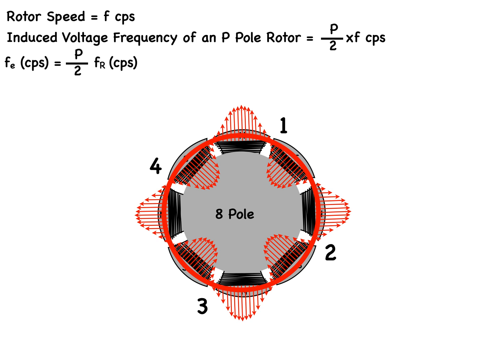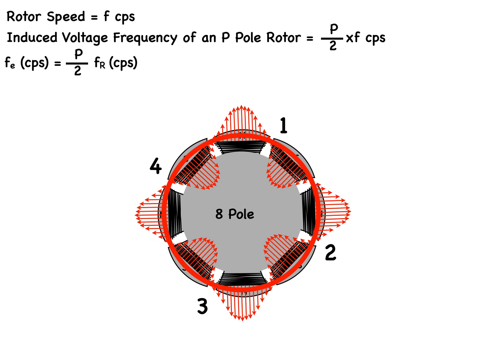In other words, the frequency of the induced voltage, or the output voltage of the generator, is equal to the number of poles of the rotor divided by 2 times the rotor speed in cycles per second. Rotor speeds are not usually stated in cycles per second, but rather in RPM, or revolutions per minute.